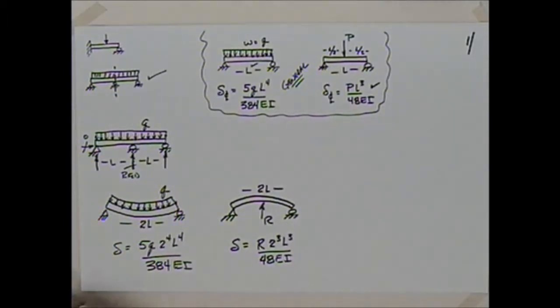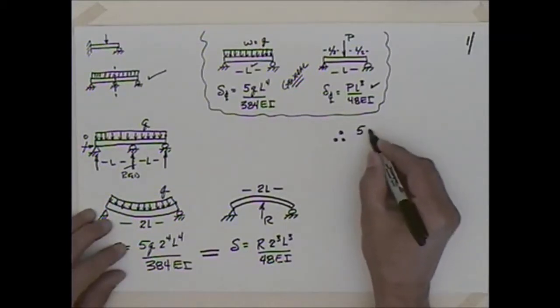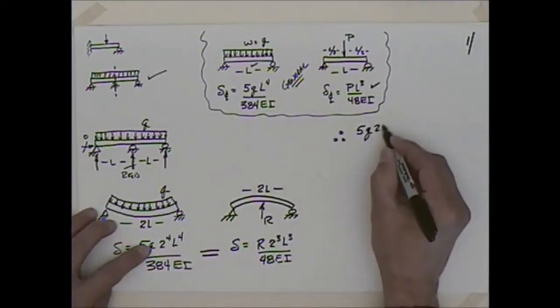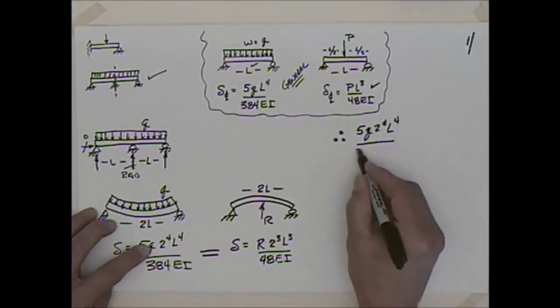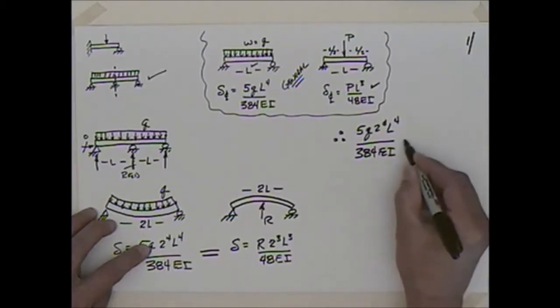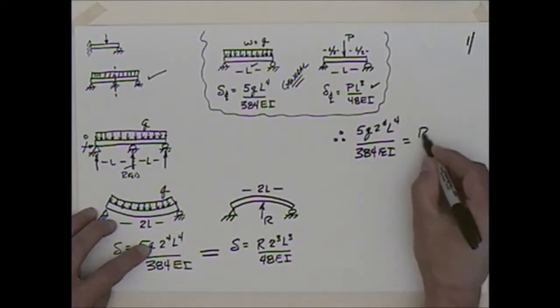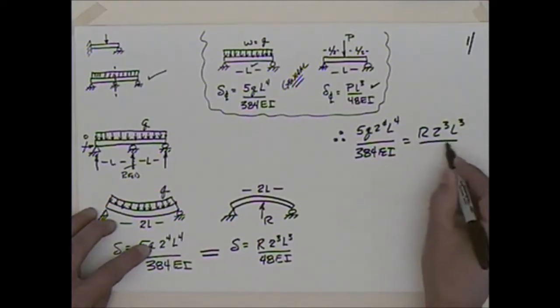Okay, what we're going to do is we're going to set these equal to each other. They're going to be equal. So we could say then that 5Q 2 to the 4th L to the 4th divided by 384 EI is equal to R times 2 cubed L cubed divided by 48 EI.